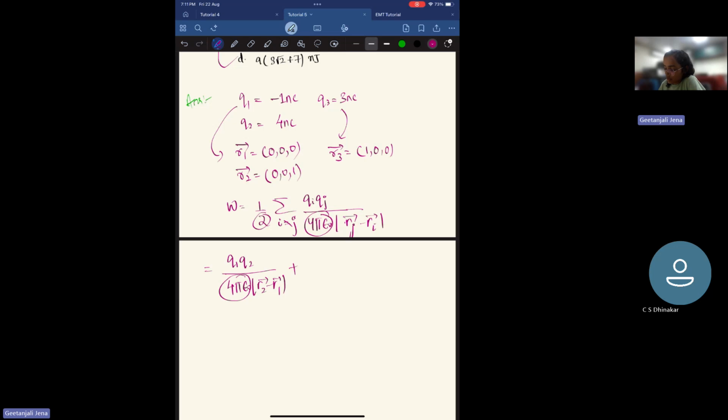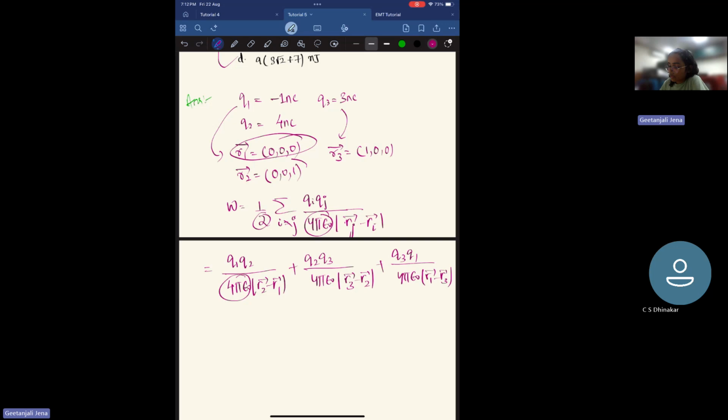Now it is 4 pi epsilon. For the other pairs we have Q2 Q3 over 4 pi epsilon naught mod of R3 minus R2, plus Q3 Q1 over 4 pi epsilon naught mod of R1 minus R3. R1, R2, R3 are given.